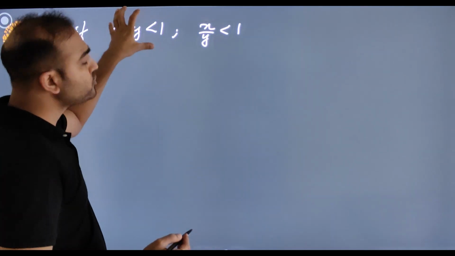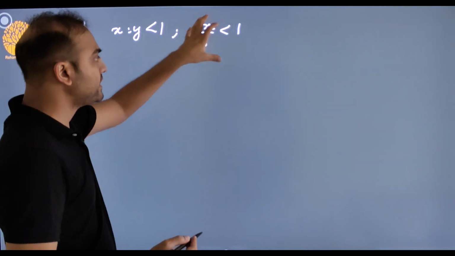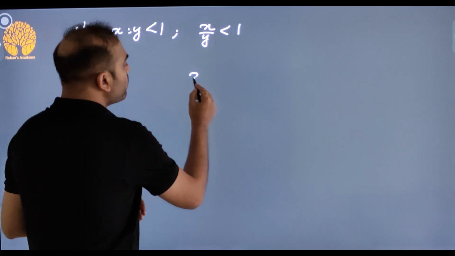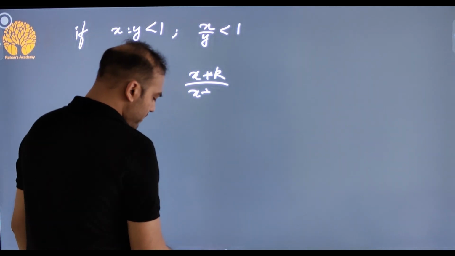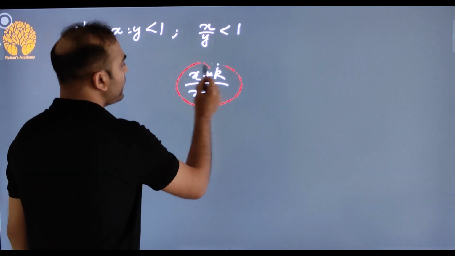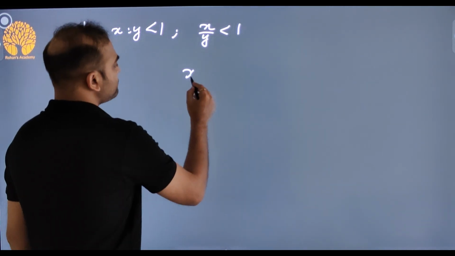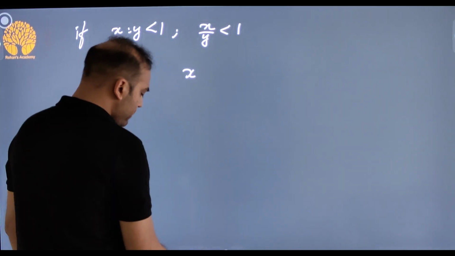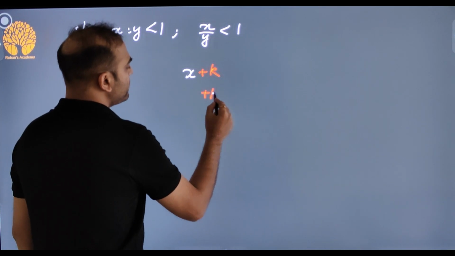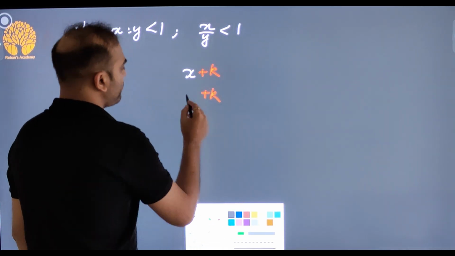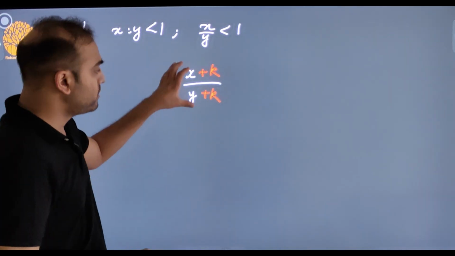If the ratio x is to y is less than 1, that means x by y is less than 1. Now if I add k to the numerator and the denominator, think of it like this.